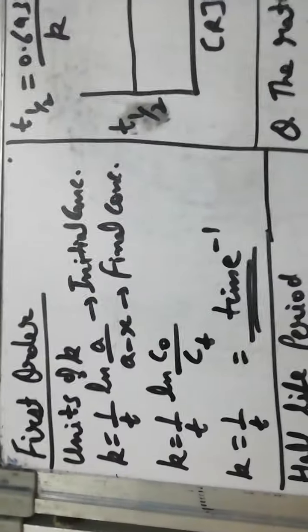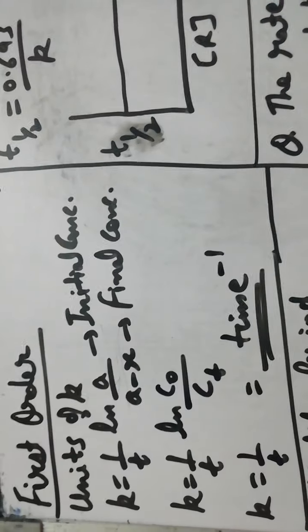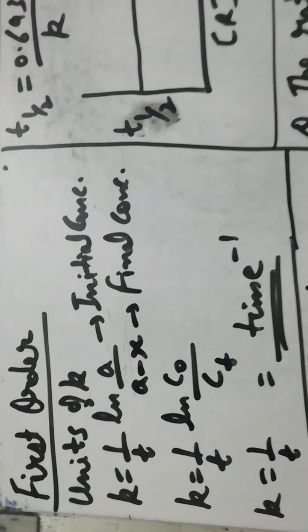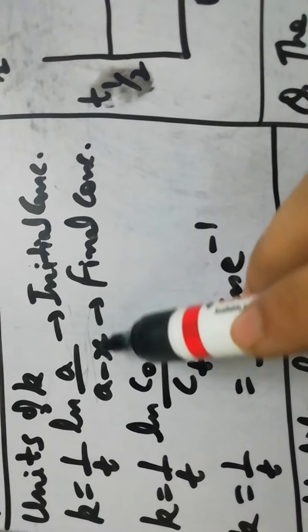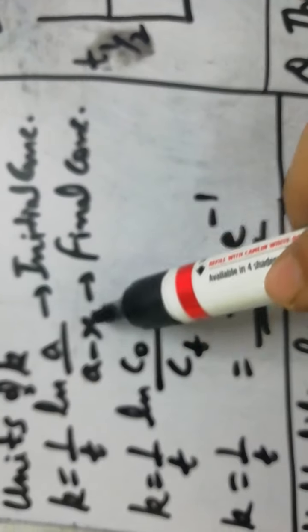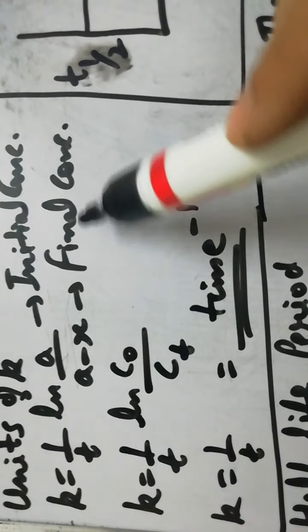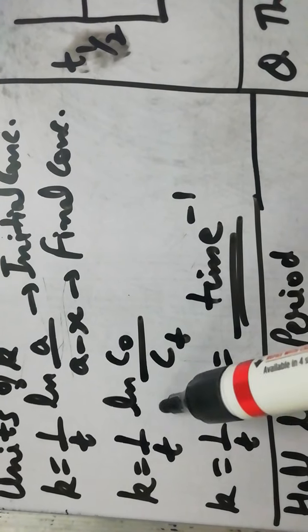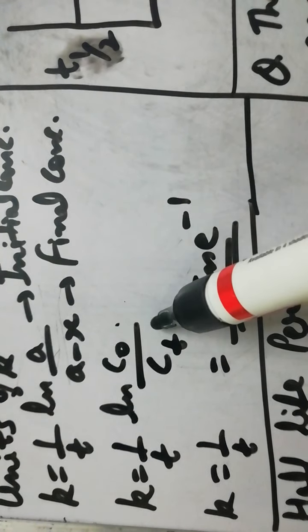So now we will find units of K for first order. You know that integrated rate equation for first order is K is equal to 1 upon T ln of A over A minus X. Here A represents the initial concentration and A minus X represents the concentration at any instant of time. Also we can write this equation as K is equal to 1 upon T ln of C naught upon Ct.